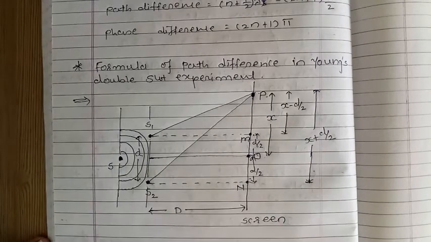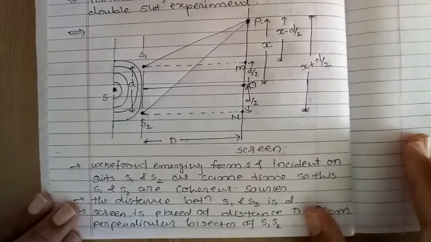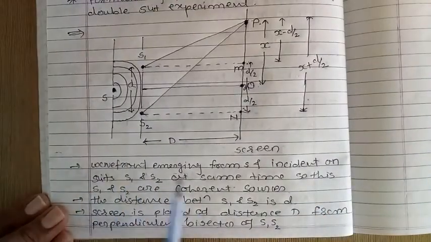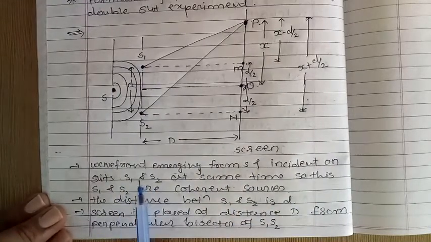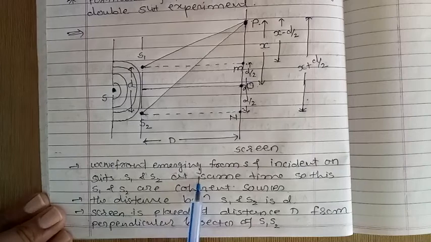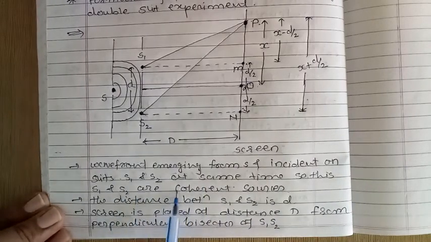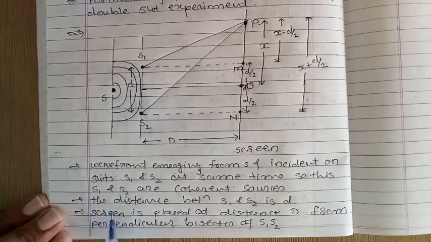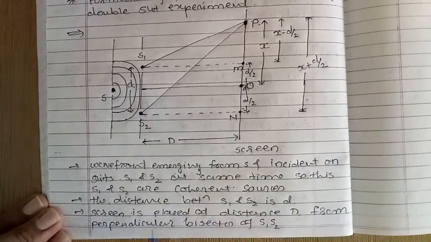Now we can write that the wavefront emerging from S is incident on slits S1 and S2 at the same time, so S1 and S2 are coherent sources. The distance between S1 and S2 is d. The screen is placed at distance capital D from the perpendicular bisector of S1 S2.